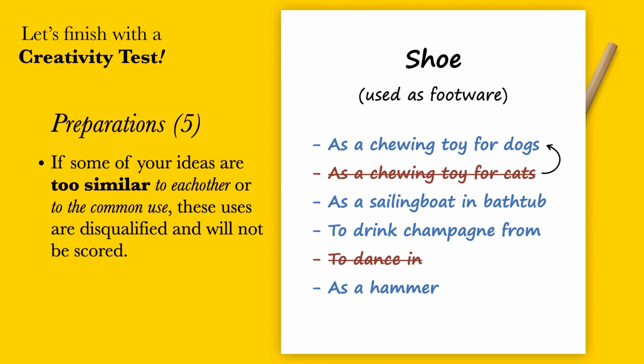For example, a chewing toy for cats is so similar to a chewing toy for dogs that it will be disqualified, and also to dance in is using it as footwear, so it will also be disqualified. So here are 4 correct uses, so the score will be 4 points. I want you to do your own scoring after you've done this test.